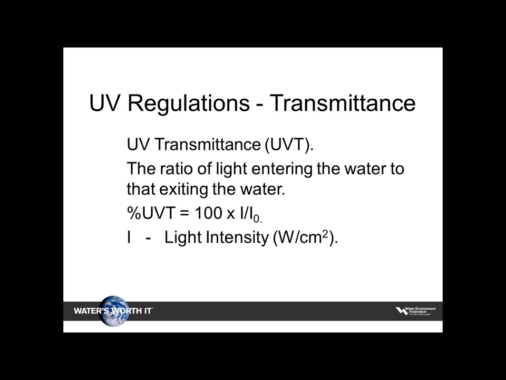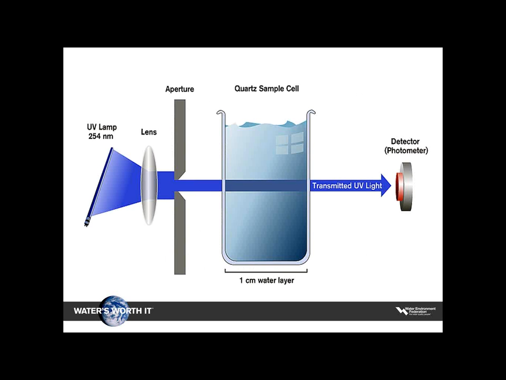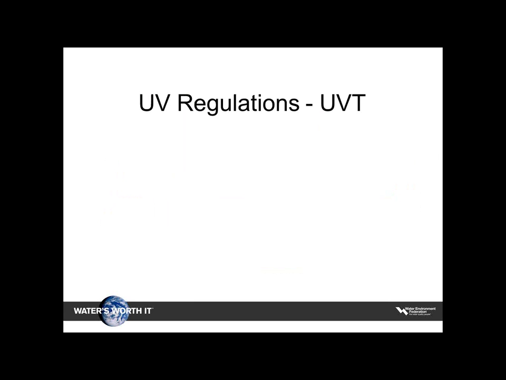Gary already mentioned this before, it's the light intensity in watts per centimeter squared entering, and how much is transmitted through. I think this is kind of repetitive, but there's a good example of typically how you would do it, and a lot of people require that. What is your UV transmittance?